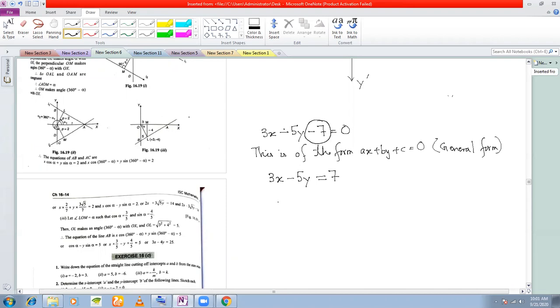Now what I do is I check the coefficients. This is my coefficient a, and this is my b. In order to express this equation in the normal form, I take the coefficient of a and the coefficient of b and divide both sides by root over a square plus b square. That is 3x minus 5y. Divide both sides.